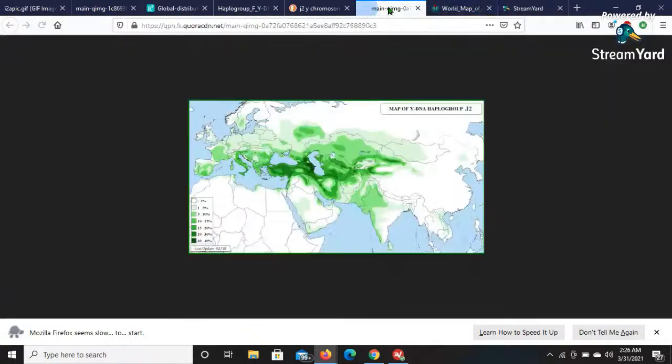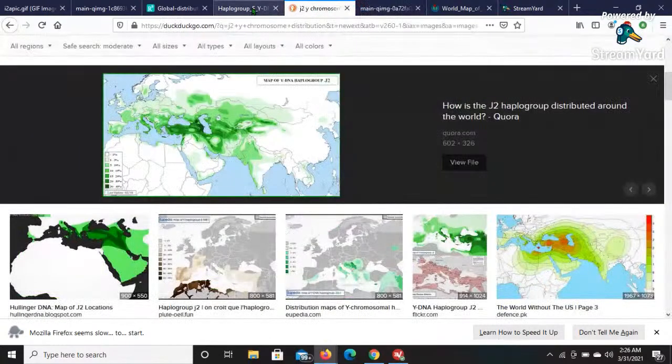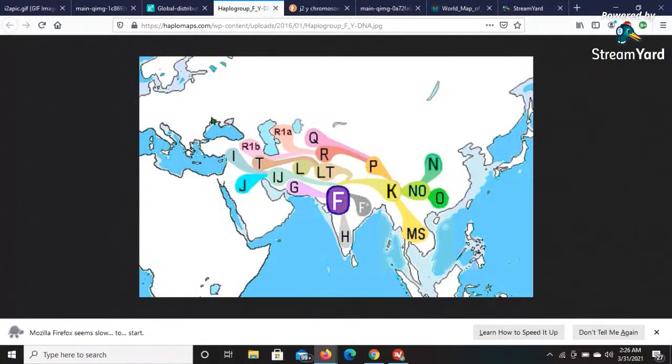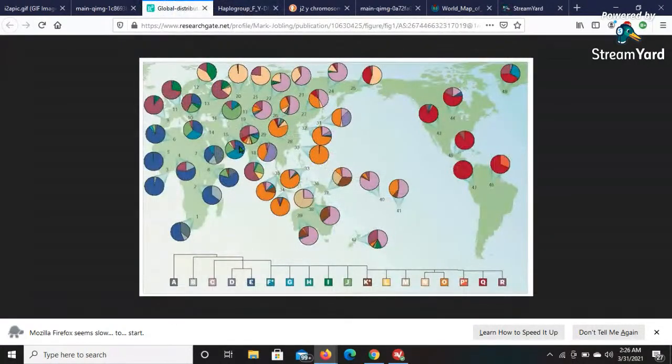So now that's the J2Y chromosome. Trying to figure out what the F was. Turns out it's probably the HY chromosome, the Arameans, and the F is probably the Arameans, which is around here somewhere because this percentage here, you can't really tell what this is here.